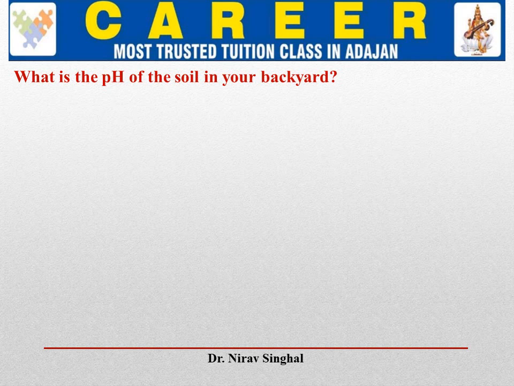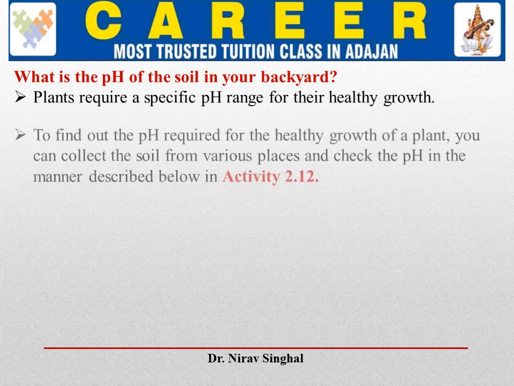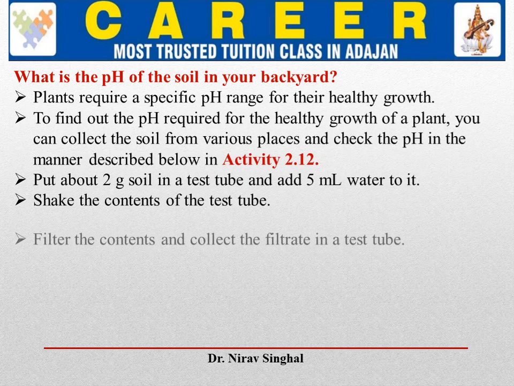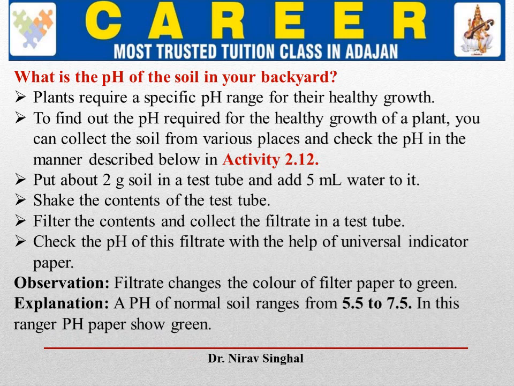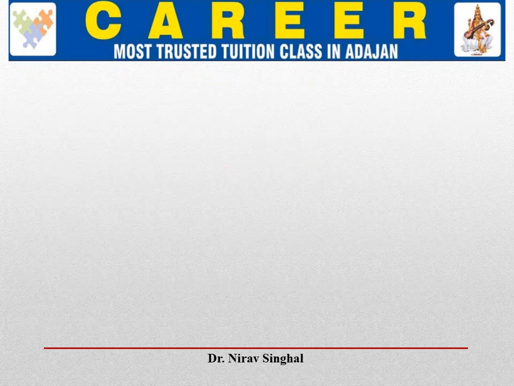There are a few crops which grow well in basic soil, and there are others which grow well in acidic soil. The normal pH of soil ranges from 5.5 to 7.5.